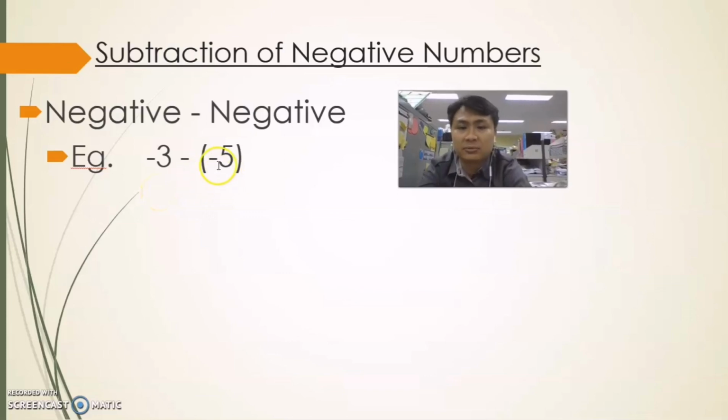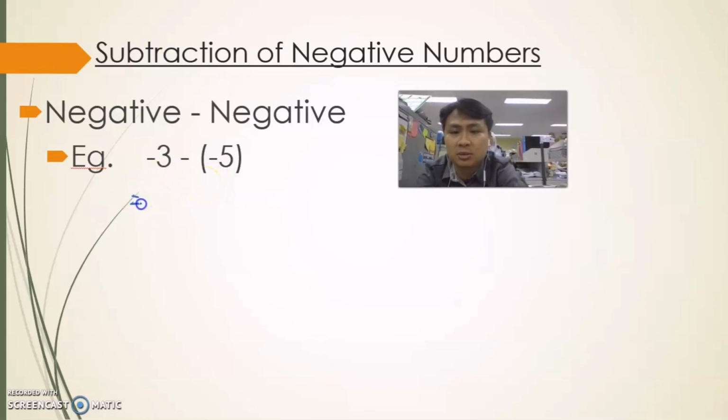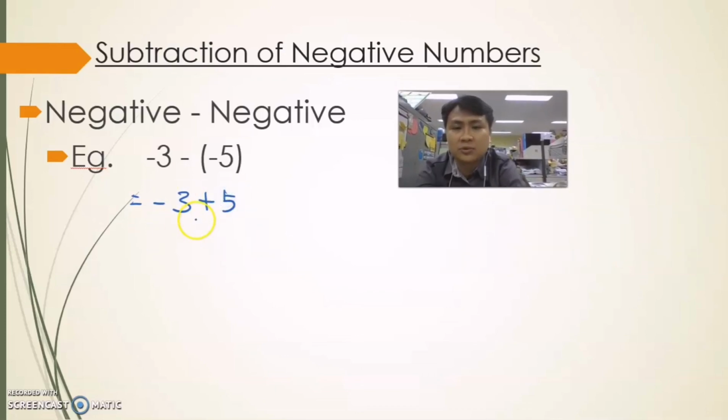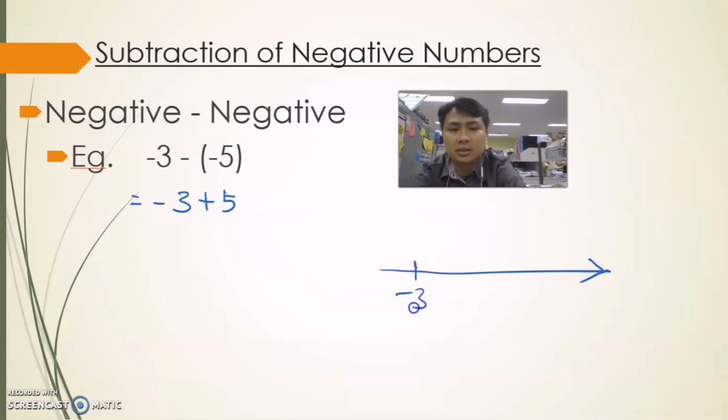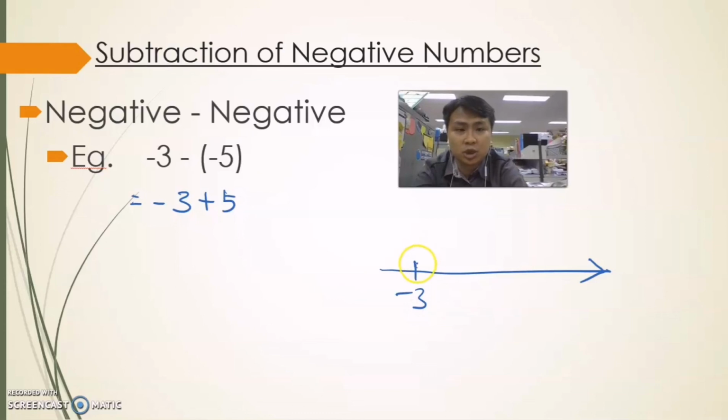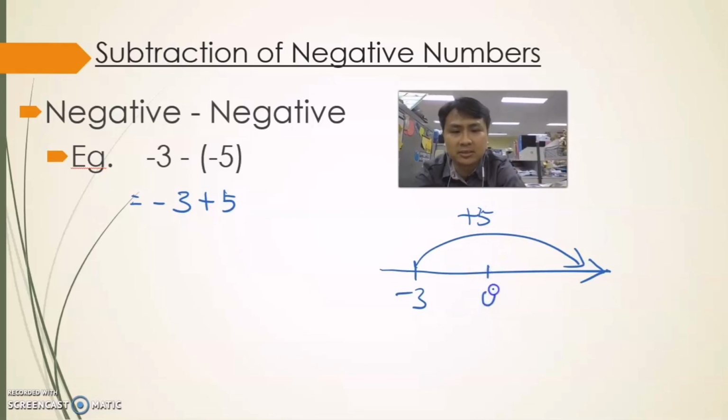Last scenario, negative 3 minus negative 5. Now, negative times negative will give us positive. So we need to change this to plus 5. So negative 3 minus negative 5 will end up with negative 3 plus 5. So we started with negative 3. I need to plus 5, so I need to shift to the right. There's a 0 in between the answers.